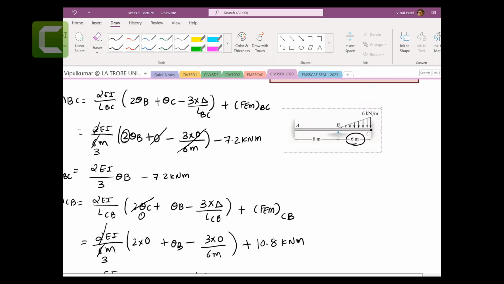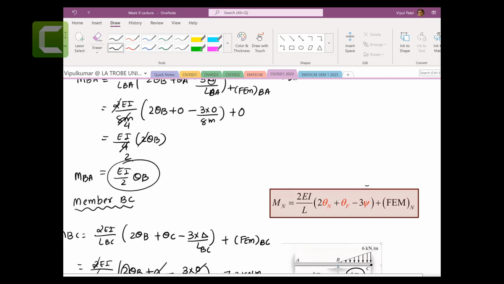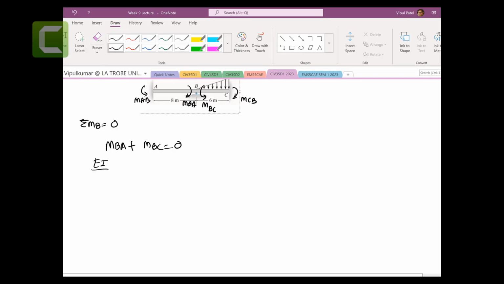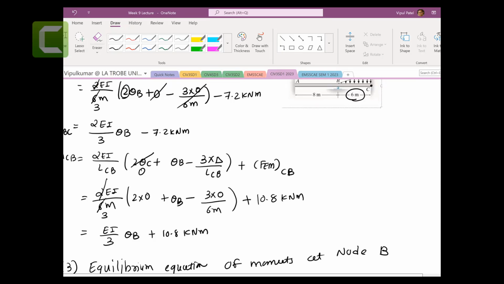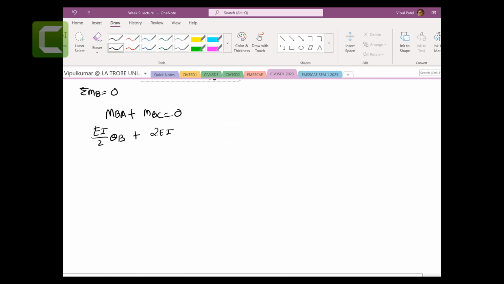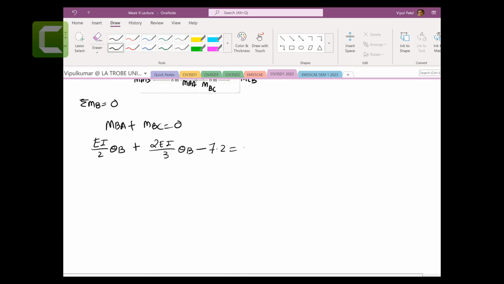So MBA we already calculated. MBA was EI on 2 theta B. Let's substitute that: EI on 2 theta B, plus MBC, which we got as 2 EI on 3 theta B, minus 7.2 equal to 0.